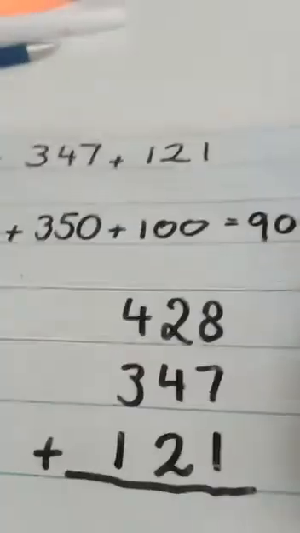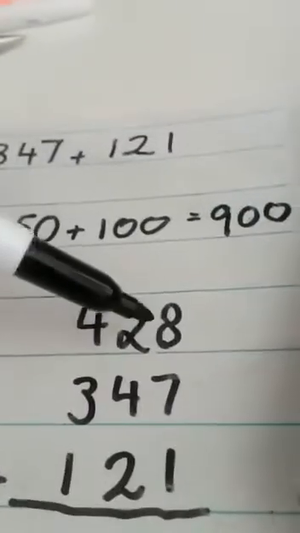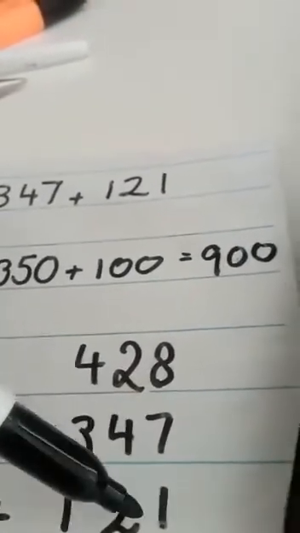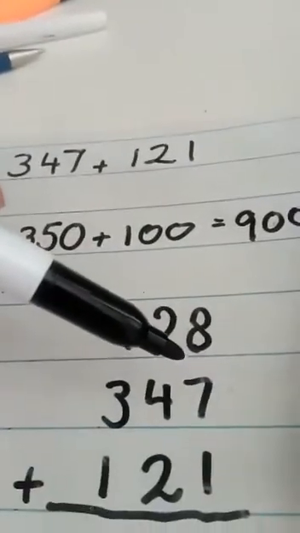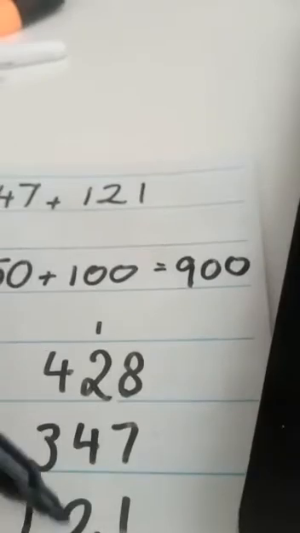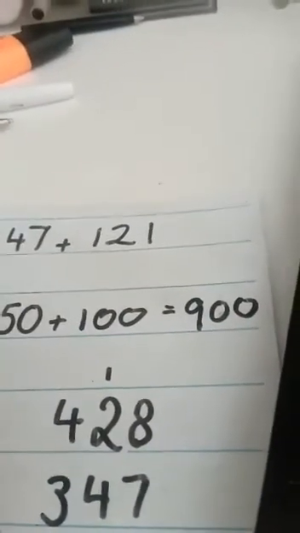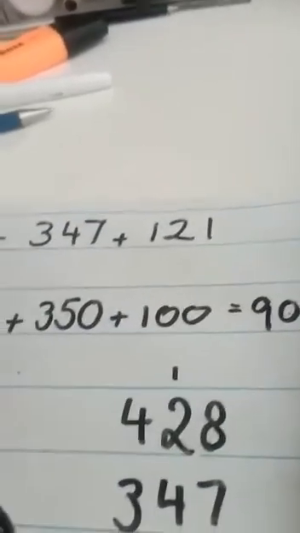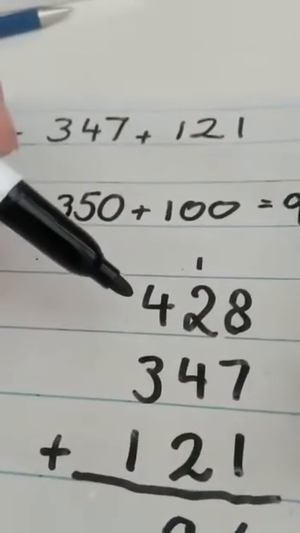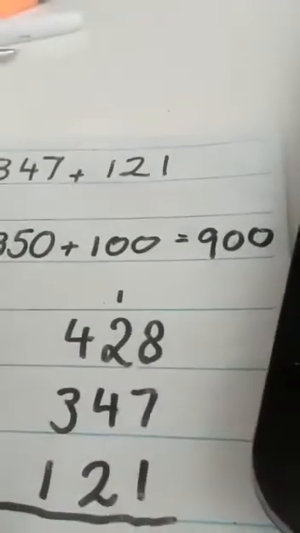So when we put them into columns for the addition sum, we can work that out. 8 plus 7 plus 1, 8 and 7 is 15, plus 1, 16, carry the 1 over into the tens, 2, 4, 2, and plus 1 is 9, and then in the hundreds, nothing to carry over, 400 plus 300 plus 100 is 800.